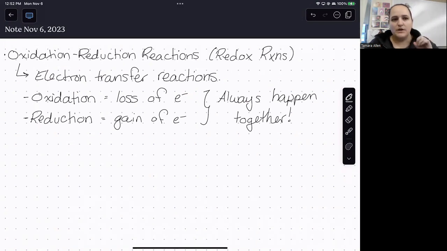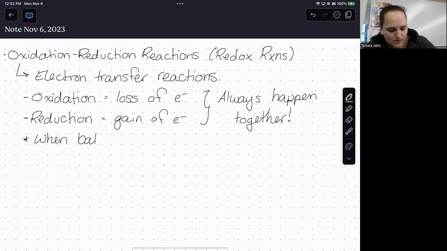Part of why we want to talk about these and recognize that this is a thing that happens is that when we are balancing reactions, we need to make sure that all of our electrons are accounted for.